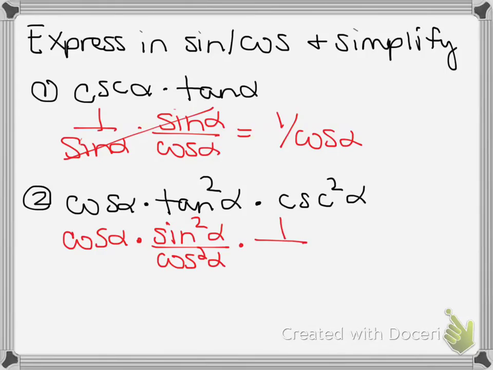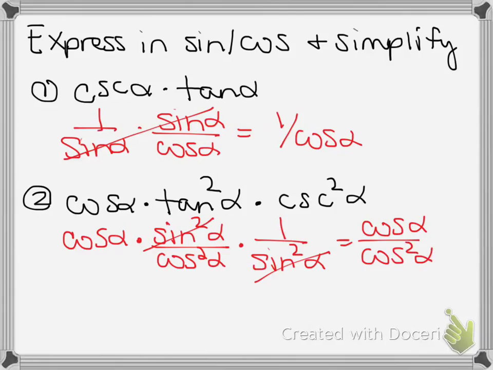And cosecant is 1 over sine, so we have 1 over sine squared alpha. The sine squareds are going to cross out, and I have 1 cosine over a cosine squared, so I can rewrite that here just to show you. But that's actually going to simplify to be, again, just 1 over cosine alpha. How we feeling? Hopefully fantastic, easy peasy right now.